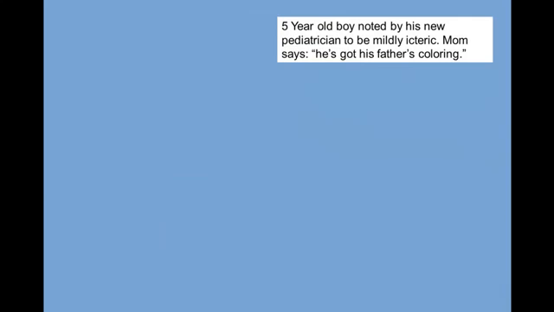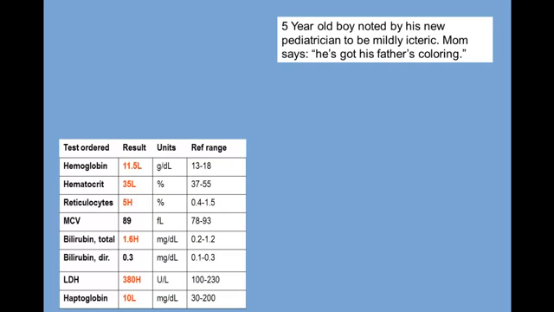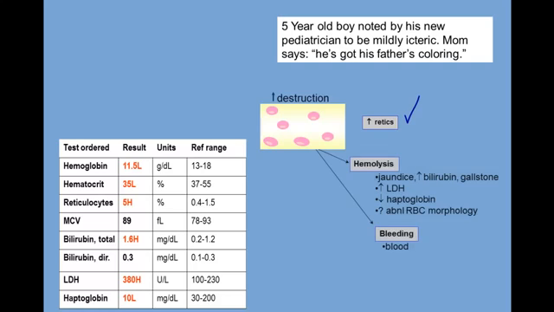A 5-year-old boy is noted by his new pediatrician to be mildly icteric. Mom says he's got his father's coloring. His lab results show that he is anemic, low hemoglobin and hematocrit. His reticulocyte count is high. This puts him in the category of anemia of increased destruction, which is either hemolysis or bleeding.